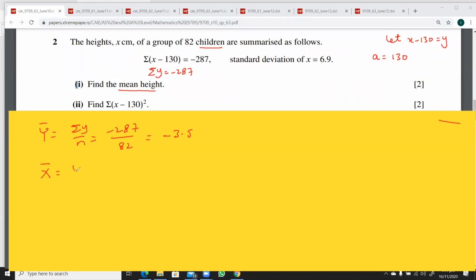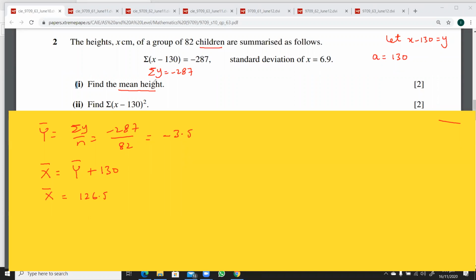That is going to be this mean plus the code, that is 130, the assumed data. Can someone check that? I think 3.5 is the right answer. 126.5 is the actual mean, okay?